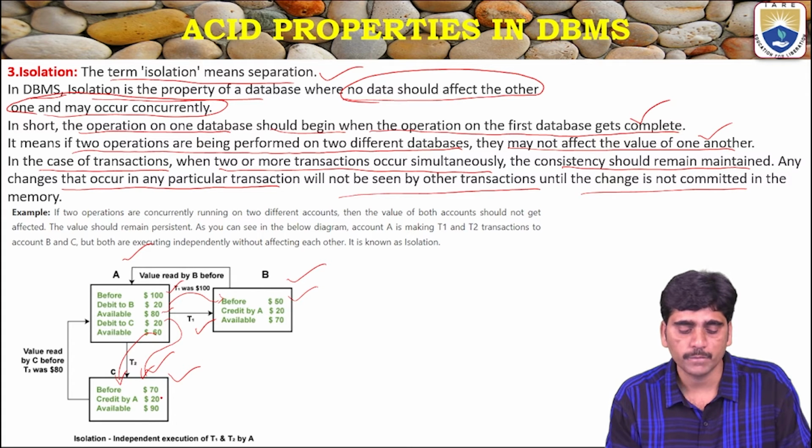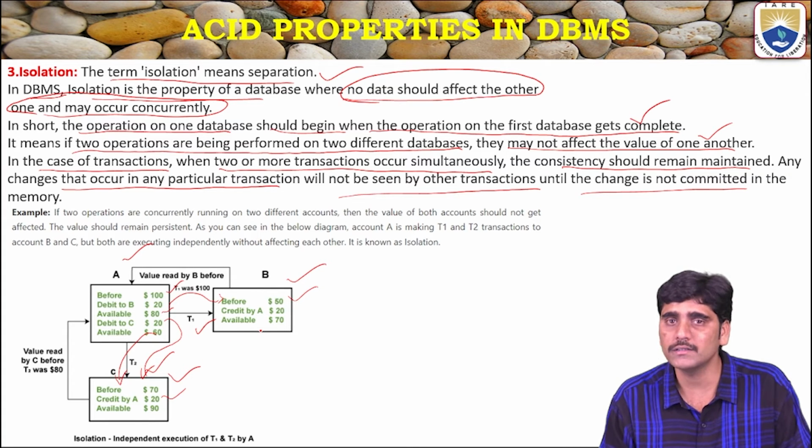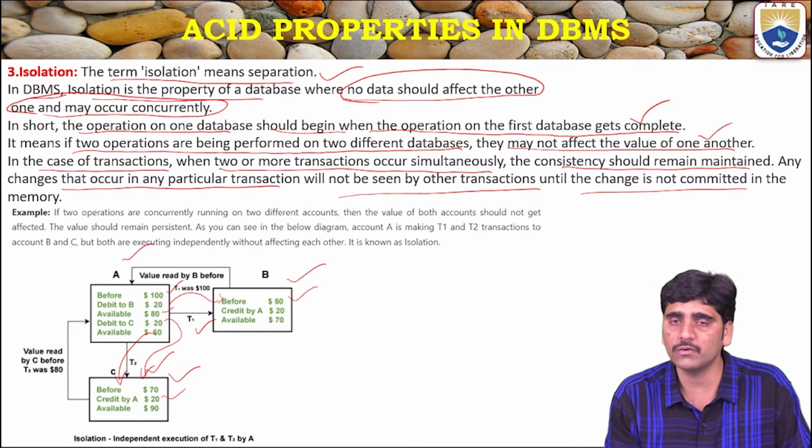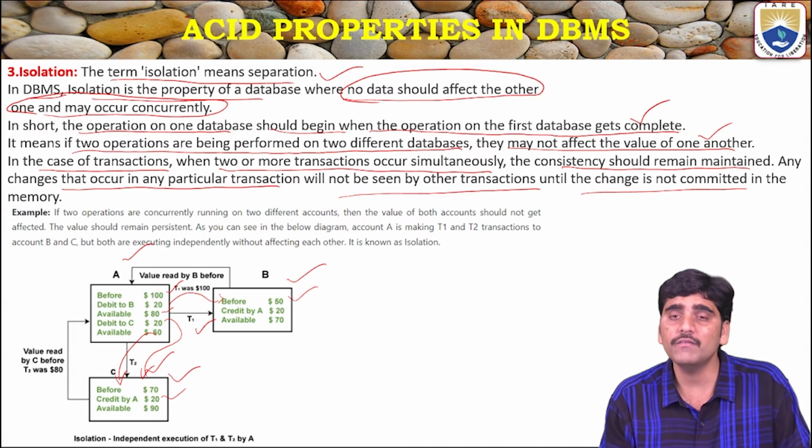That means when you are performing debit operations with multiple account holders, the data should remain the same and should not get affected from one to another. When you are transferring an amount from A to B, C will not be affected. Similarly, when you are transferring from A to C, B will not be affected.